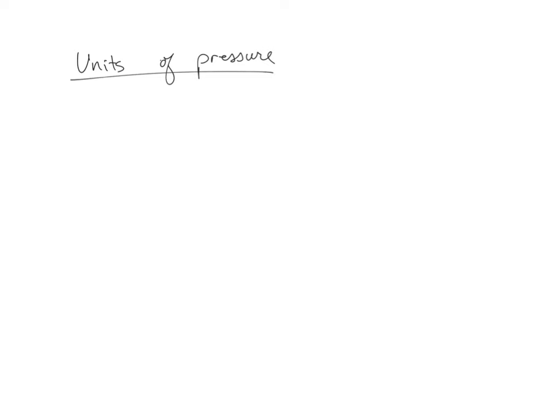As we think about pressure being a measure of the number of collisions happening for gases, there are lots of different ways to measure pressure. If you were at sea level, we would measure the weight of the atmosphere as one atmosphere. So literally the atmosphere is a unit. 1 ATM stands for 1 atmosphere.